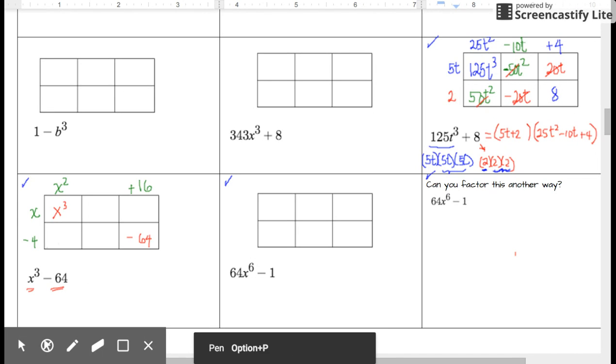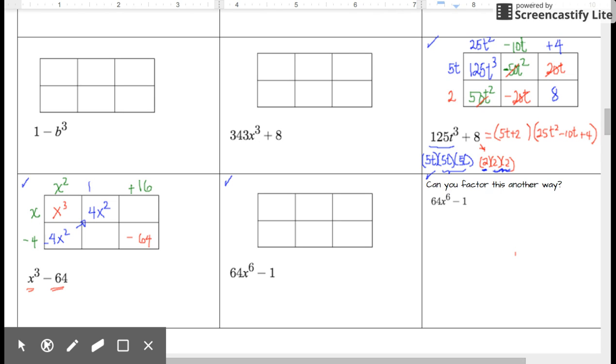So now we can figure out the rest of the regions of this box. So x squared times negative 4 is negative 4x squared. And because this is negative 4x squared, this is supposed to be positive 4x squared. And because this is positive 4x squared, we look at what we multiply to x to get 4x squared. And we know that that's going to be positive 4x. So positive 4x times x is 4x squared.